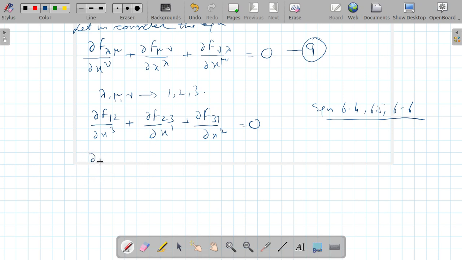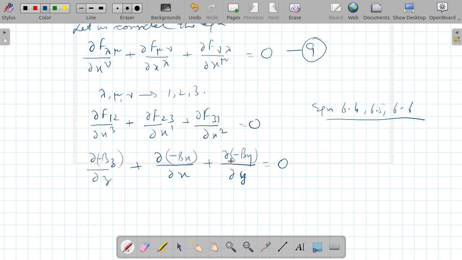If I substitute their values, it is −∂Bz/∂x3, or this x3 can be written as z, plus −∂Bx/∂x plus −∂By/∂y, and it must be equal to 0.